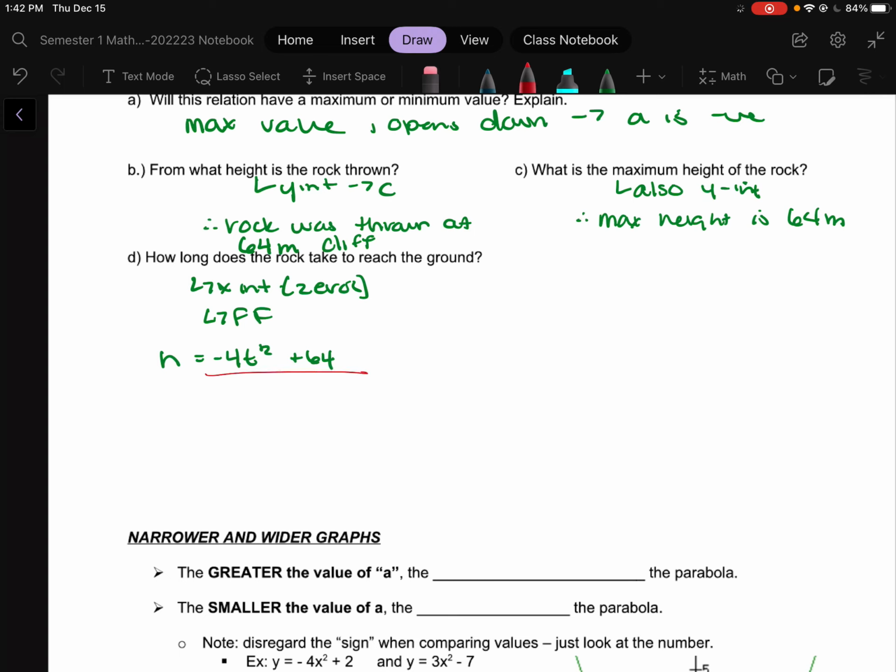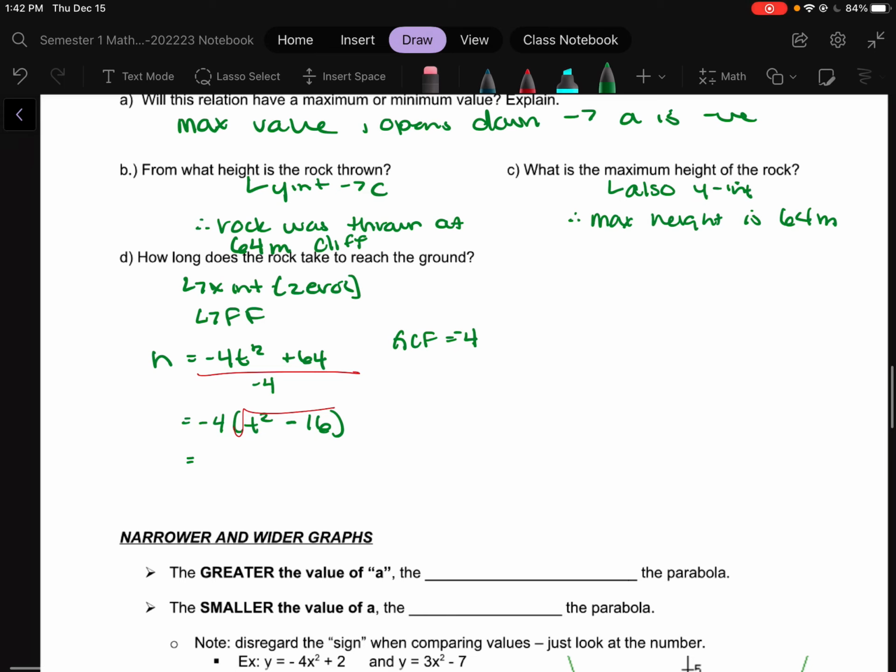So our greatest common factor here is 4, and that is a -4 because we want to get rid of that negative, so divide by -4. We are left with a -4 on the outside, t squared minus 16. Okay, and then from there, that's when we can factor both of these.